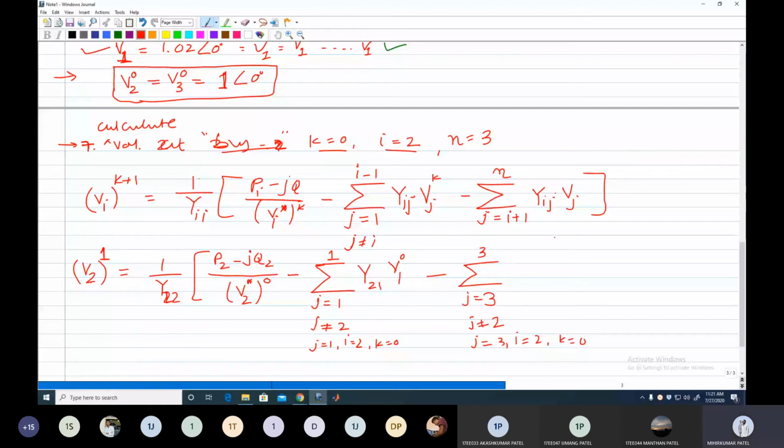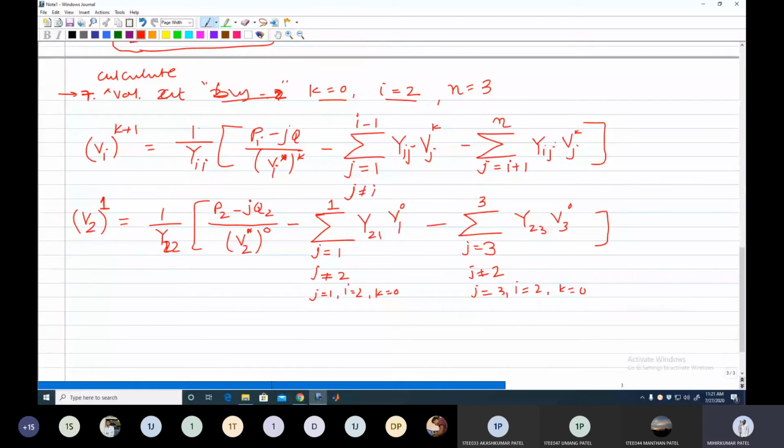So y23 and V3. This is the final equation you have derived for voltage at bus number 2.